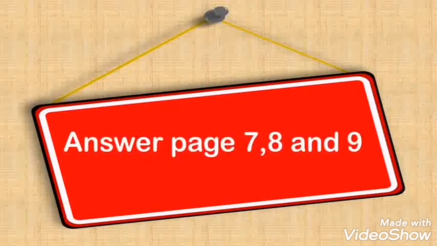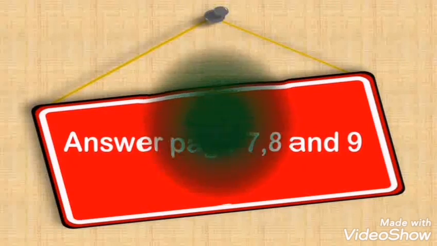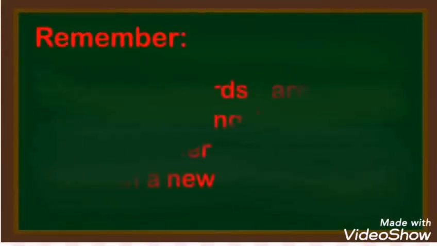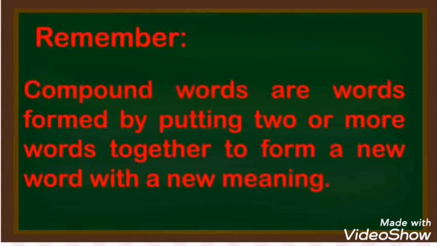So that's it. You are going to answer the activities on pages 7, 8, and 9 in your self-learning module. Remember, compound words are words formed by putting two or more words together to form a new word with a new meaning.